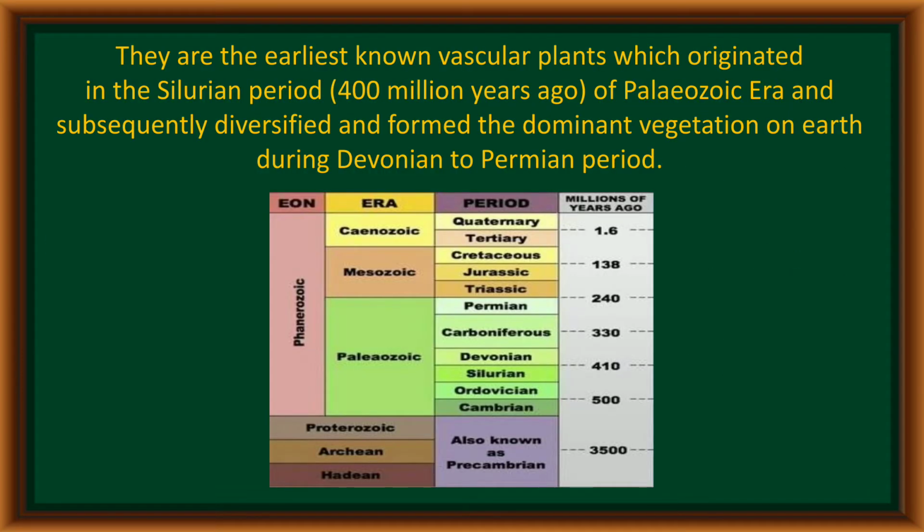They are the earliest known vascular plants, which originated in the Silurian period 400 million years ago in the Palaeozoic Era, and subsequently diversified and formed dominant vegetation on Earth during the Devonian to Permian period.